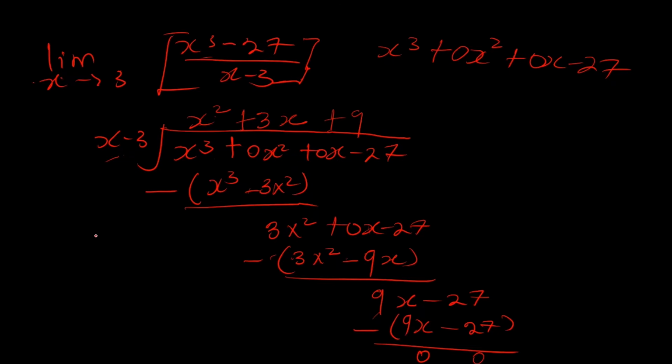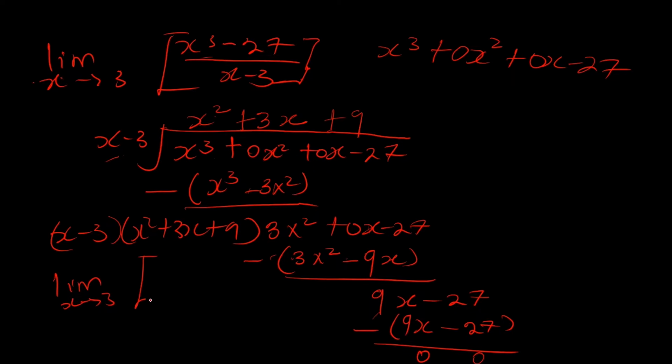So we have the factors to be x minus 3 and x squared plus 3x plus 9. So this whole limit can be reduced to the limit as x approaches 3 of x minus 3 multiplying x squared plus 3x plus 9, all over x minus 3. This x minus 3 will cancel this x minus 3.